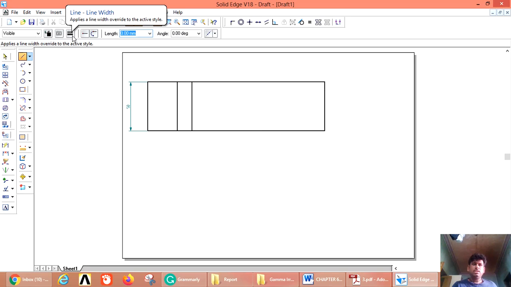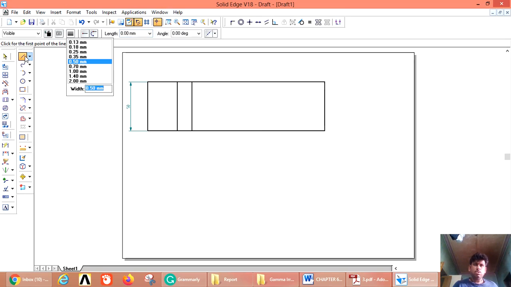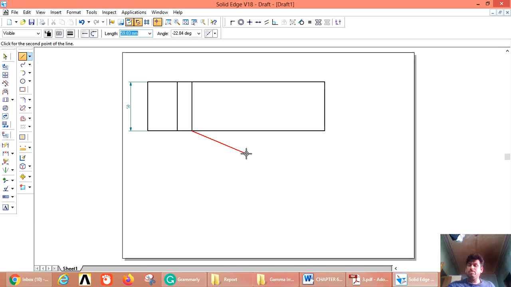For the remaining 90 degrees, it follows the return stroke. 90 divided by 20 means 45 mm. And the remaining 150 degrees, it is at dwelling.